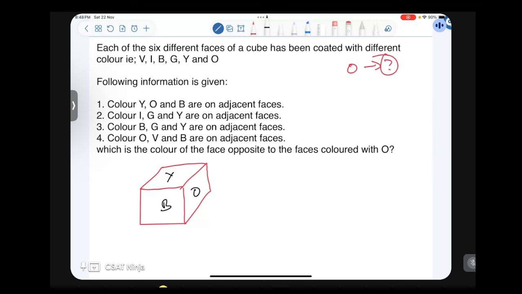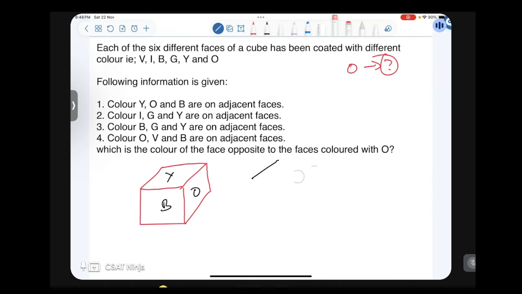So let us go to statement number 2. Statement number 2 says the colors I, G, and Y are on adjacent faces. I'll create a cube again. So another cube can be this way. We have I, G, and Y. They are next to each other.